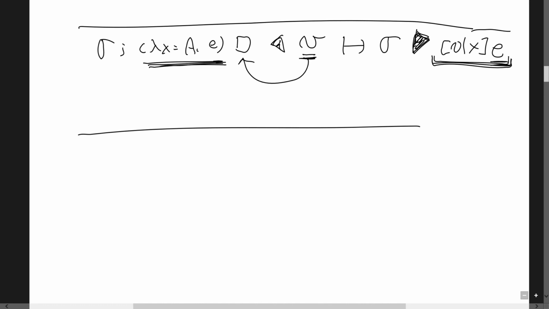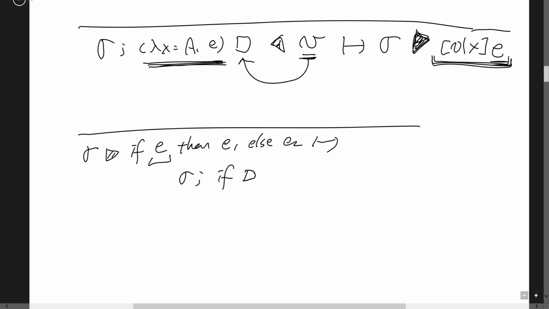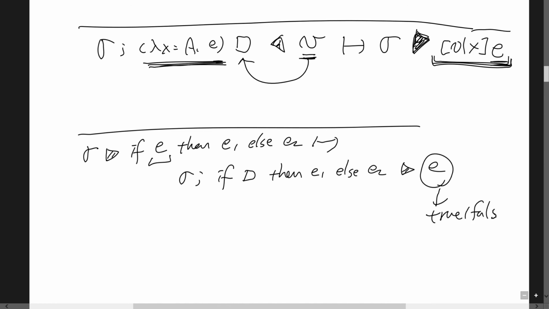So for example, sigma, if expression E, then E1, else E2. You have to analyze the expression E. So you add this frame to the stack, and then you keep analyzing expression E. And if everything goes all right, then expression E is going to evaluate to either true or false.